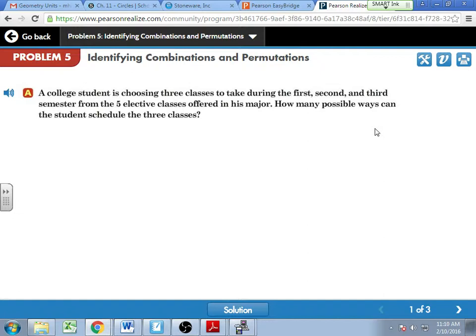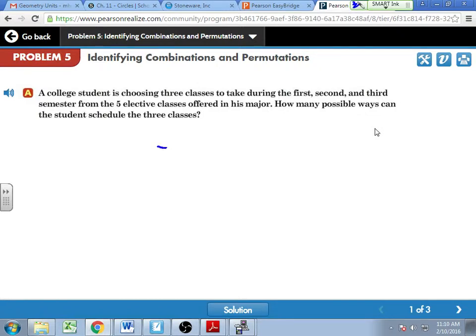It matters what he takes first semester, what he takes second semester, and what he takes third semester. There is a sequence, there's a schedule, so the order does matter. So we want to use a permutation. On your paper, notice it says order does matter. We should use a permutation.